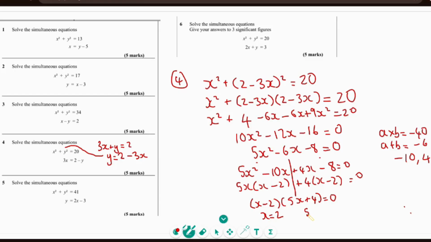Or, let's look at 5x plus 4 equals 0. Hang on, let me just solve this at the top somewhere. Take 4 off both sides. Divide both sides by 5. You could leave it as minus 4 over 5, or it's negative 0.8.